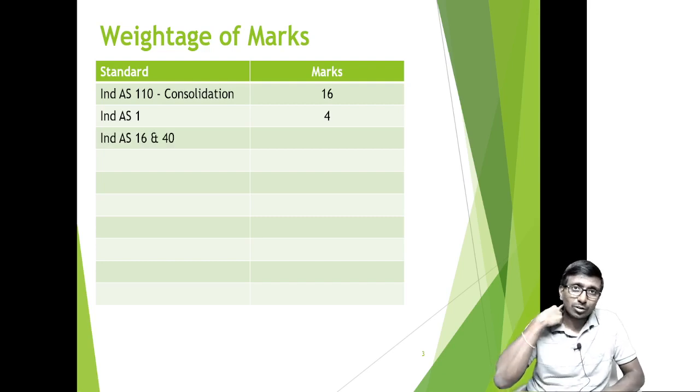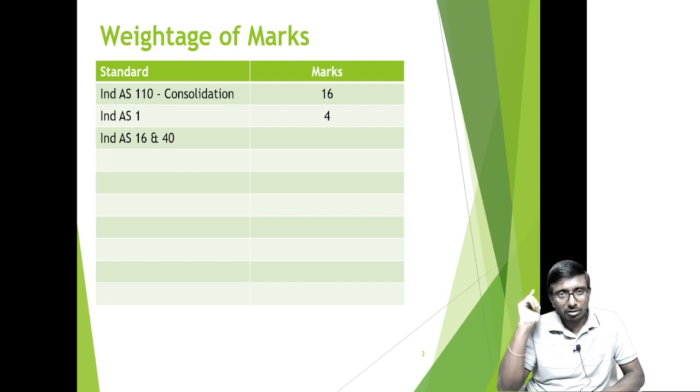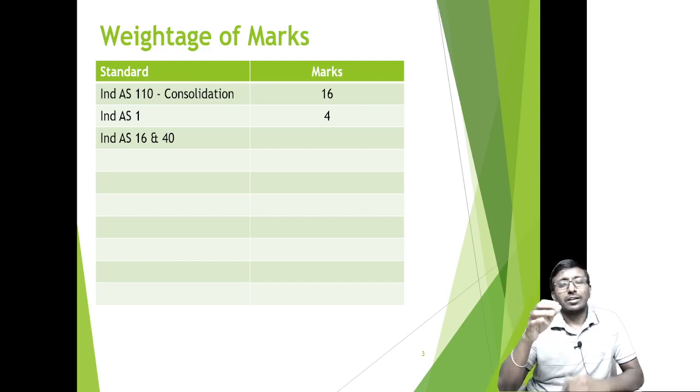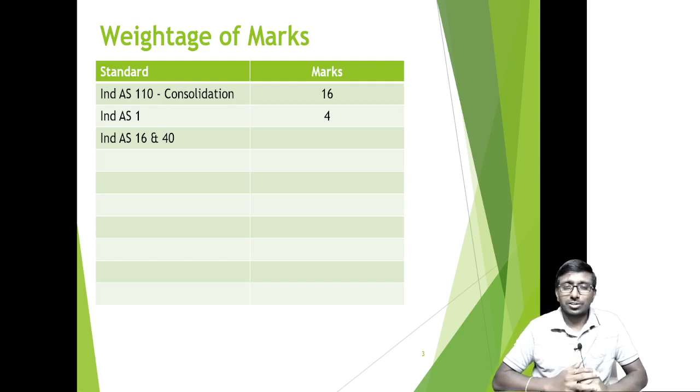And when you go to the next question, the second question, maybe in Ind AS 40, that is investment property. In the ICAI material, under questions and answers, test your knowledge or something like that, it is already there, but it is a slightly smaller version and a good one.